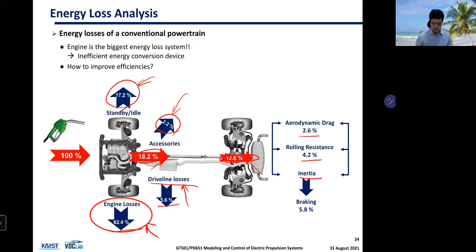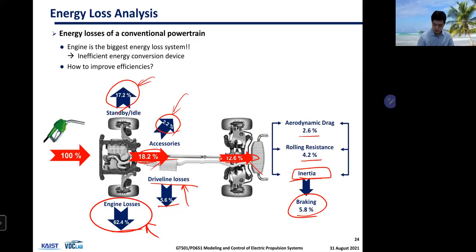Okay, so the time you're actually losing this kinetic energy is when you're braking, and that's because of the inertia. And when you're braking, if you use just friction brake, then you're losing all of this. Okay, so people have been thinking, how can we remove or reduce these losses?